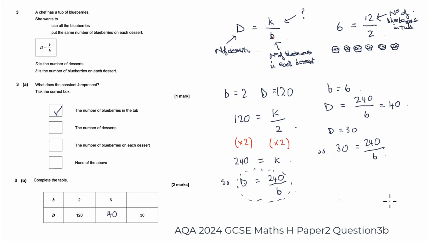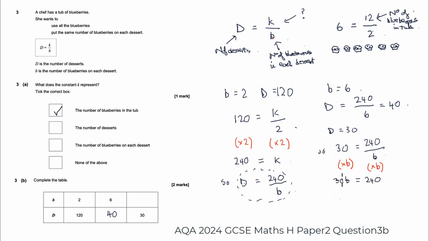Well, we're in an equation again. Let's get rid of this divide by B by multiplying by B. Do that to both sides. Keep the thing balanced. 30 times B, that goes, divide by B times B, they disappear, you're left with 240.